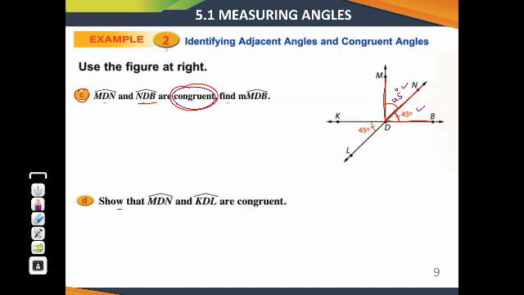Find the measure of MDB. Where is MDB? The whole angle.